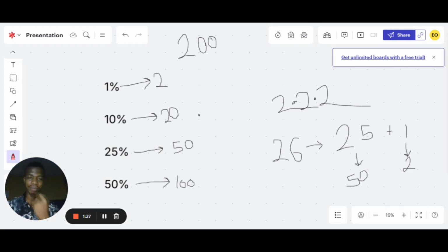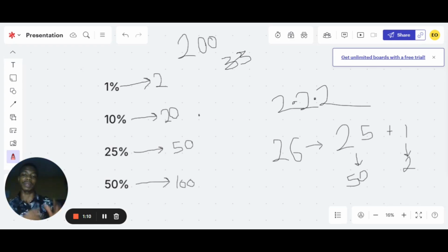You can check. Let's say we want to find 33% of 200. How do we do it? Now 33% is 10 plus 10 plus 10 plus 1 plus 1 plus 1.